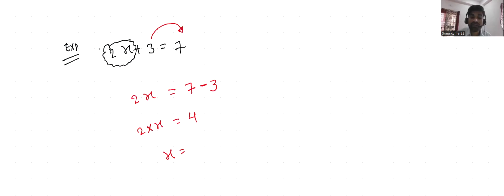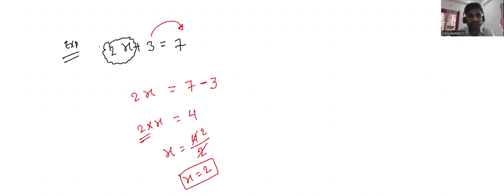This multiplication 2 is on the left-hand side, it goes to the right side and becomes division. It means 4 by 2, so the x value is 2. It means with the help of the transposition method, we are also getting the same answer, that is 2.